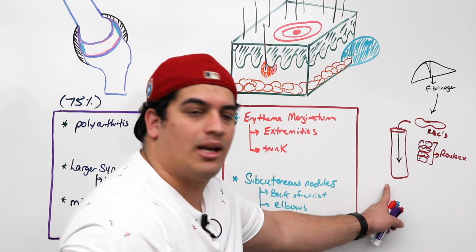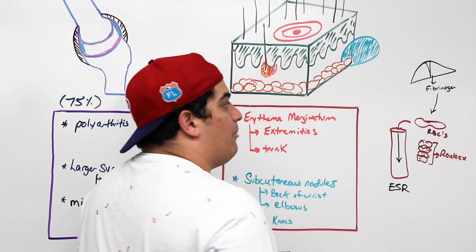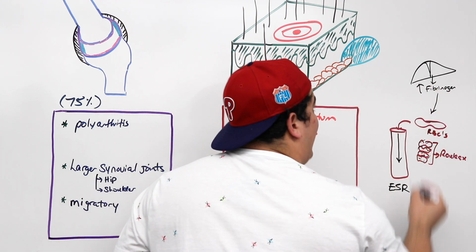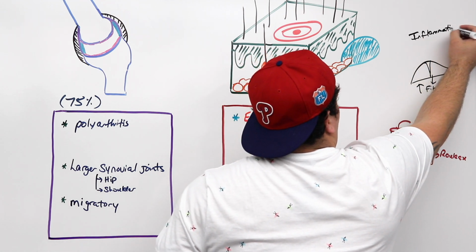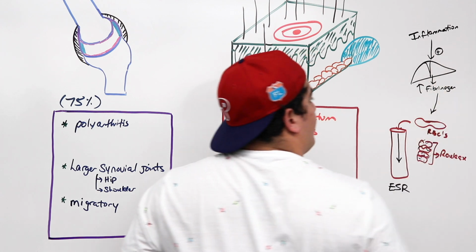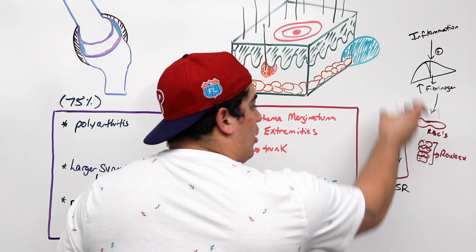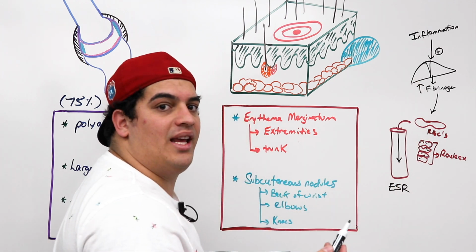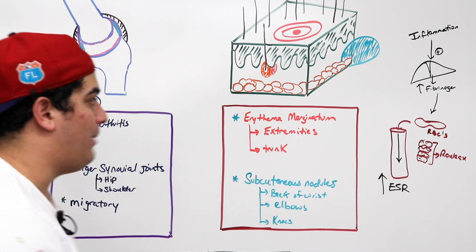The rate at which the red blood cells fall to the bottom of the test tube is called the erythrocyte sedimentation rate. If you increase the number of fibrinogen molecules based upon inflammation, right? So inflammation stimulates this, produces fibrinogen, causes the fibrinogen to stick to the red blood cells, form a rouleau, and drop down to the bottom. What happens to the ESR? It goes up. So that'll show us that there are some signs of inflammation.